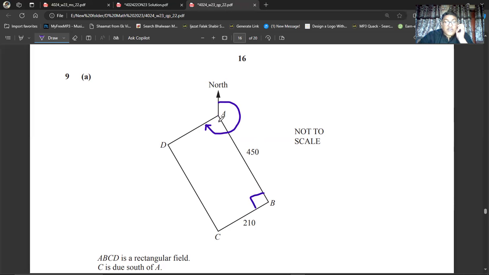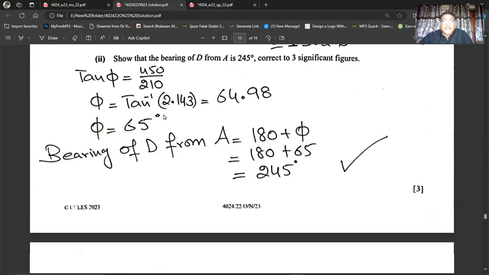When I join this with this, I can find out this angle. This side is also 210, this is 450, this is also 90 degrees. So I will try to find this angle. The bearing from up to this point is 180, and to this I will add this angle. That will give me the bearing of D from A.